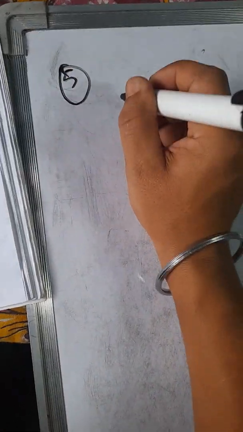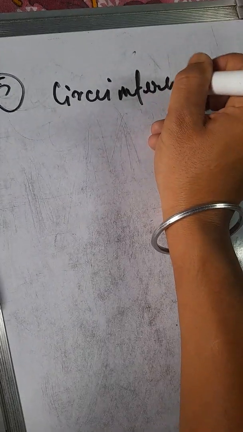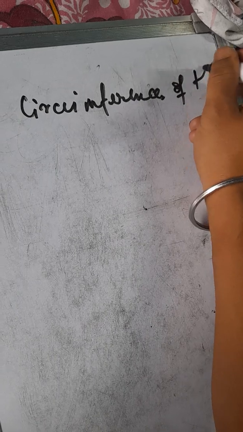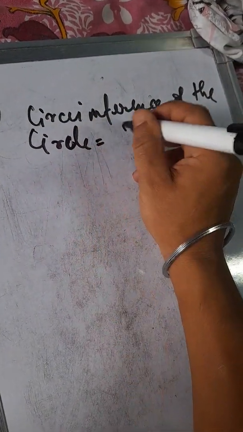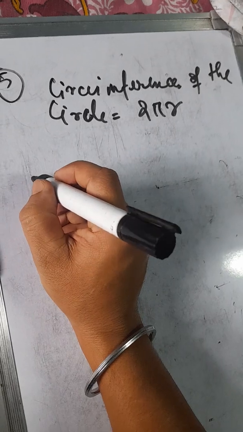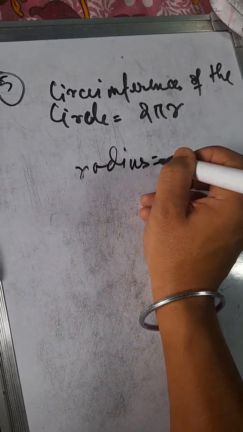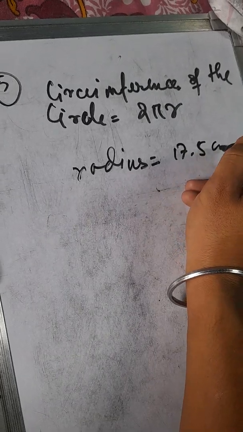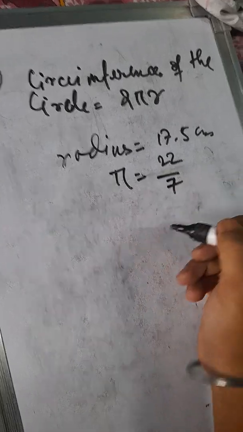Now question number 5 says that we have to find the circumference of the circle, right? The circumference of the circle has the formula 2 pi r. According to the question, the radius is given as 17.5 centimeter, and we know the value of pi is 22/7, which is already given in the question.